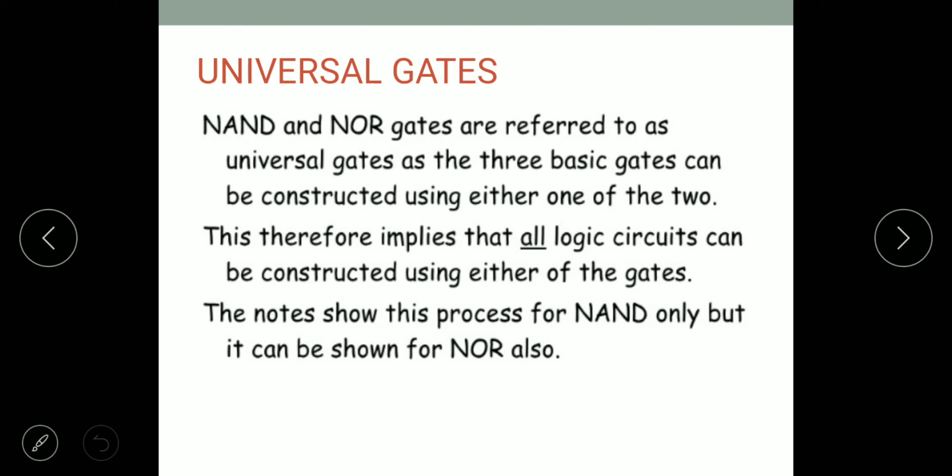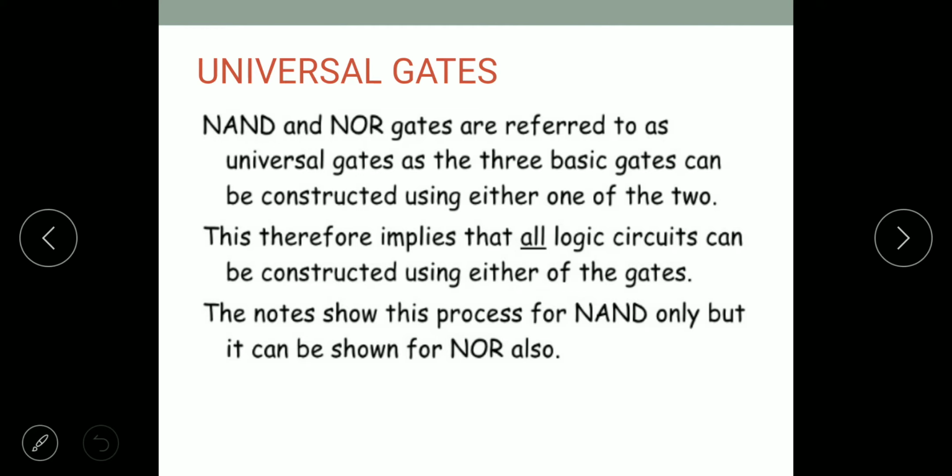The answer is, by using NAND or NOR gate, we can construct any basic gates, using either one of the two. This implies that all logic circuits can be constructed using either of the gates. The notes show this process for NAND only, but it can be shown for NOR also.